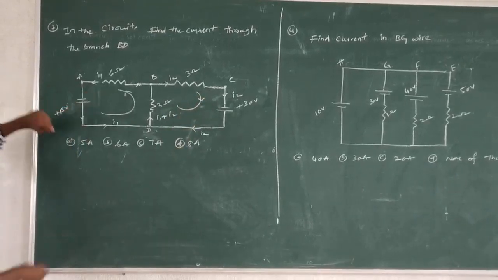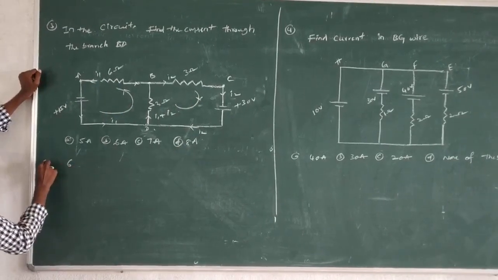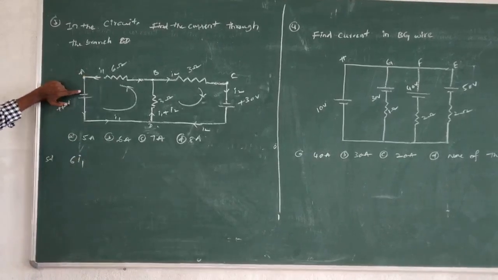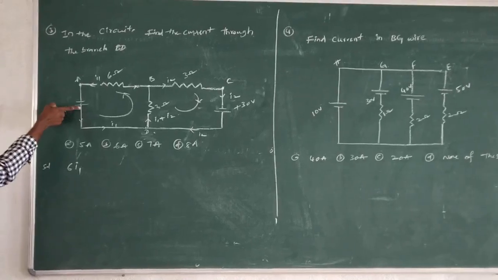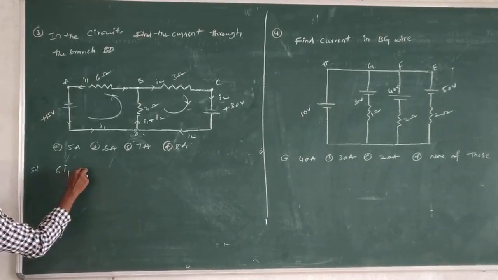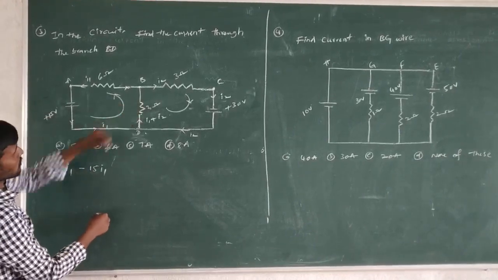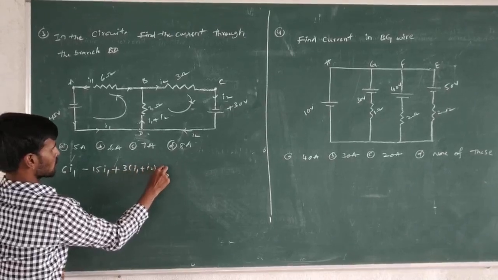First the current moves through the 6 ohms resistance, which will be 6I1. Then the current moves from a lower potential terminal to a higher potential, so it is minus 50I1. Next the current goes into the 3 ohms resistance, so it represents 3 into I1 plus I2 is equal to 0.